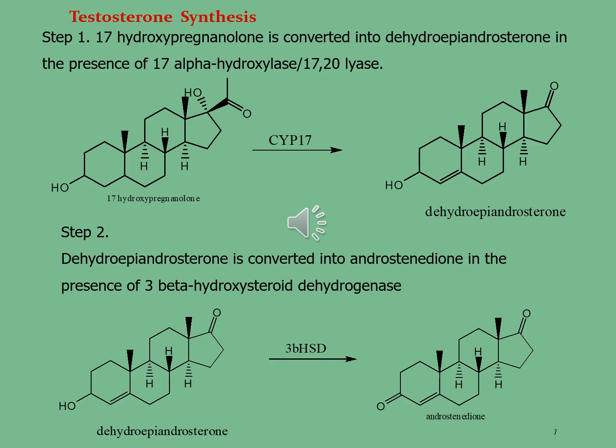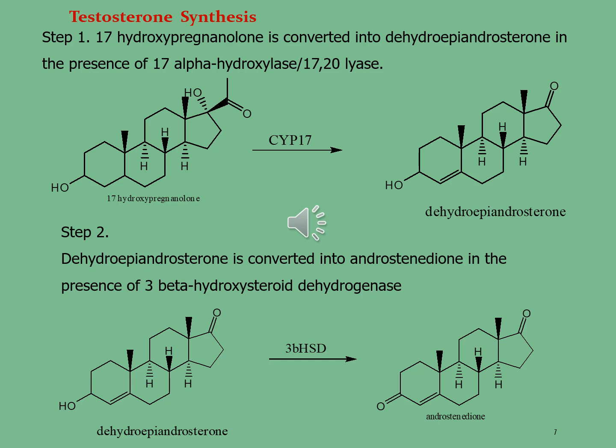So when we see the difference between the structures of these two molecules, you can see over here there is a presence of just the 17 position carbonyl and hydroxyl group at carbon 3 position and a double bond at carbon 4 position in the first intermediate molecule.